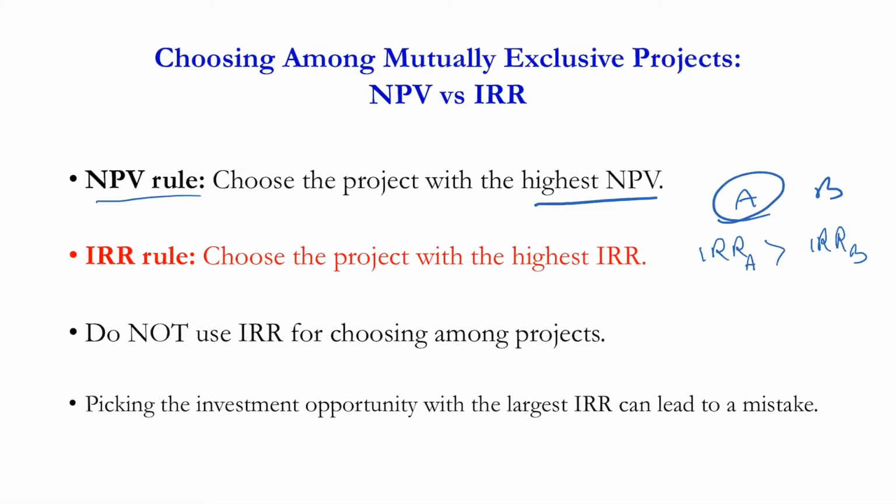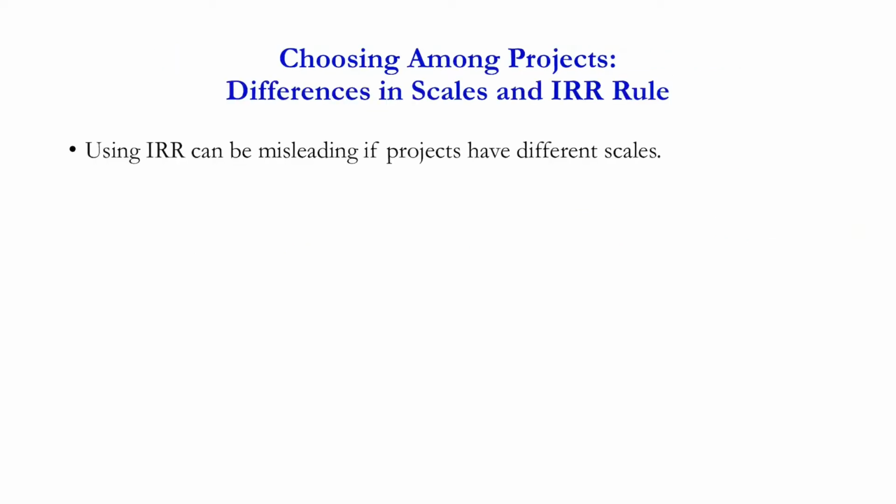In the remainder of the video, I'm going to show you two examples in which the IRR rule gives us a wrong answer. The first example is related to differences in scale. Using IRR can be misleading if projects have different scales.